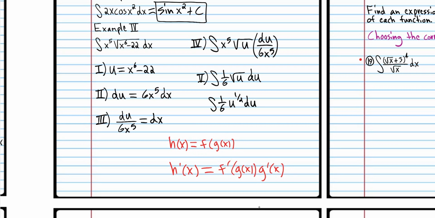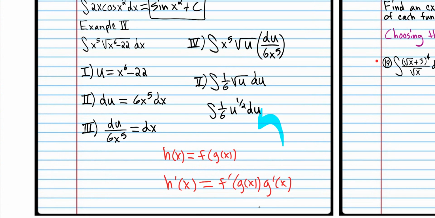This expression here, this blue derivative, it'll disappear. It'll just go away like you didn't even need it there. All right? So du is the derivative, just like g prime is the derivative. So du is kind of the equivalent of g prime of x. And so when you find the antiderivative, du is just going to disappear.